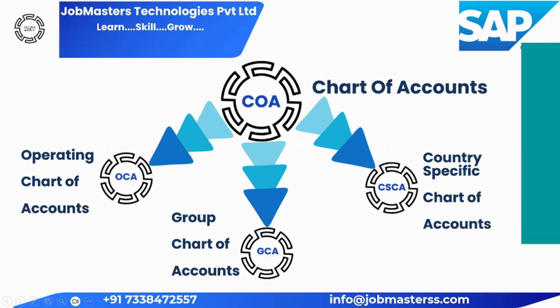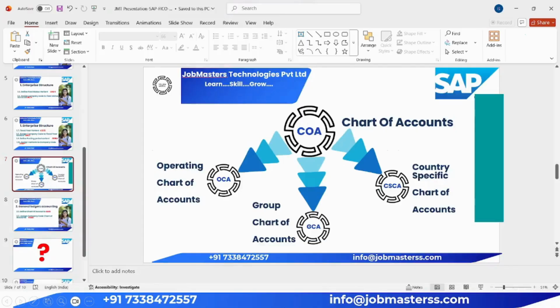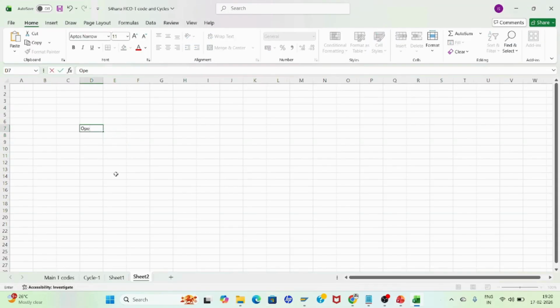That means what I am explaining to you is that we can have an operating chart of accounts, a group chart of accounts, and a country specific chart of accounts.